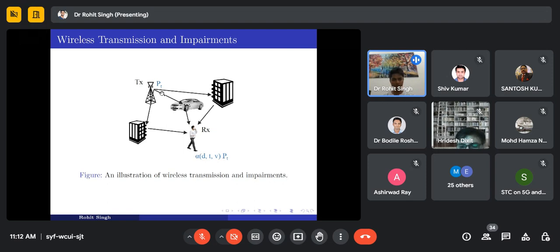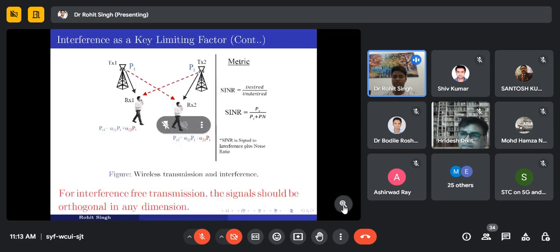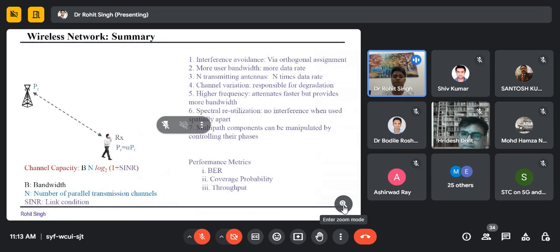We can additionally assign some sort of phase so that at the receiver, the phases can be utilized to nullify the interference or to maximize the addition of those phases. We will get to all the aspects one by one. So this slide only summarizes the requisite and enhancement in wireless communication.